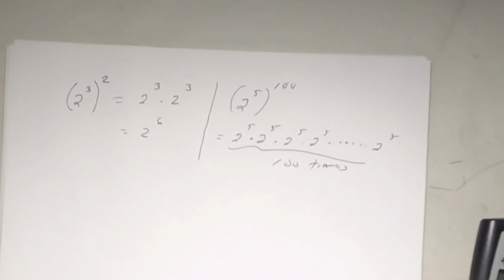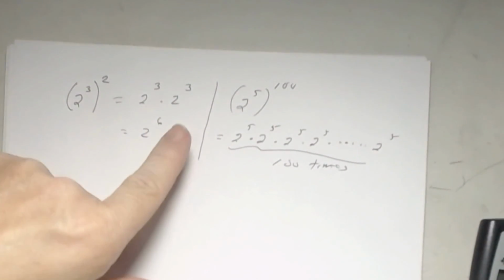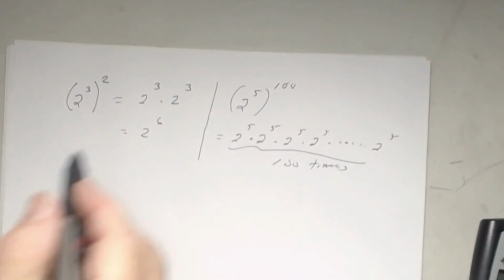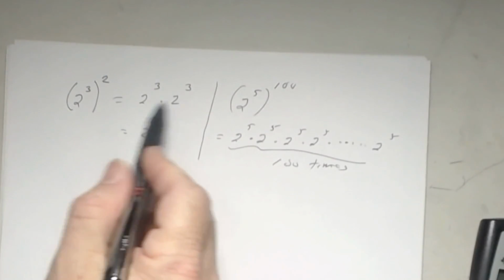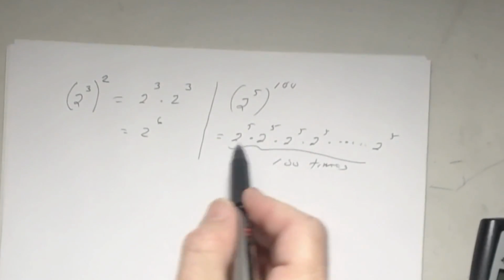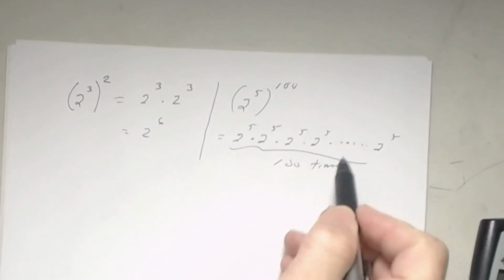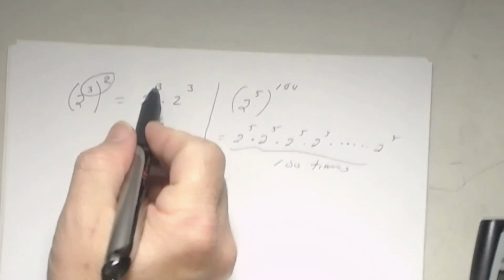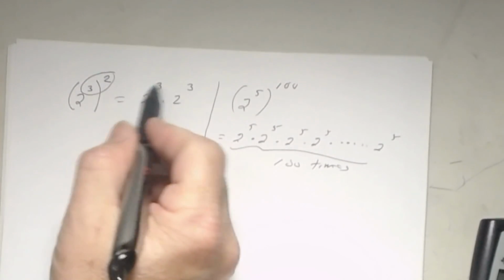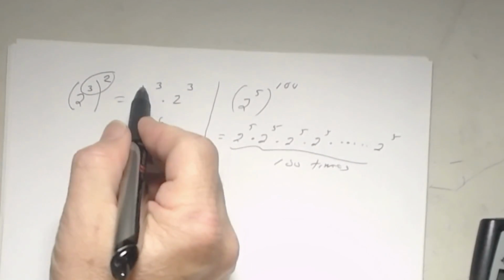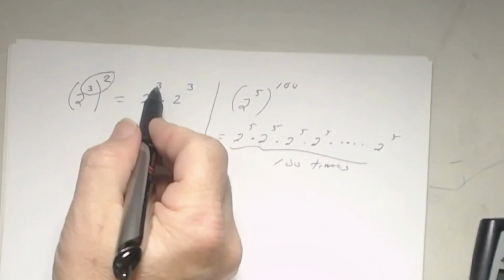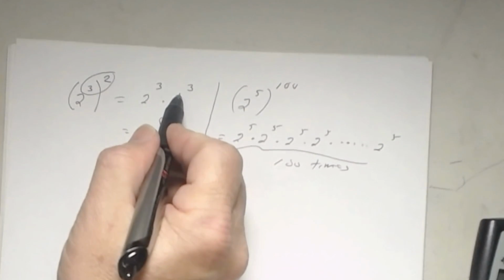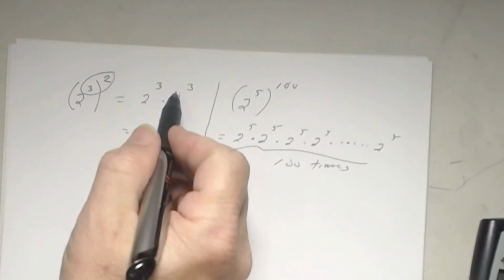Right. So here's the idea. Let's go back to the one we just did. My answer, the exponent, is what? 6. But what I want you to notice is that I can get 6 not by doing this expansion, but just by using the fact that 3 plus 3 is the same as 2 times 3, right?